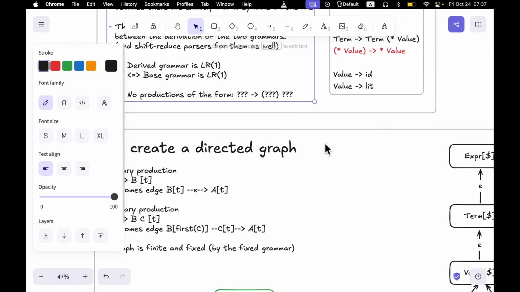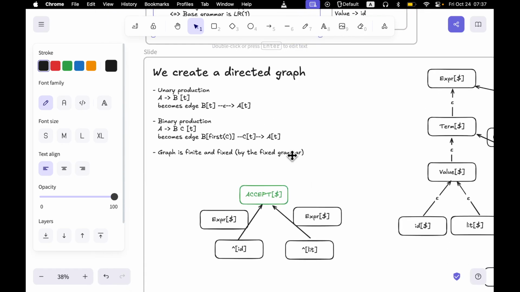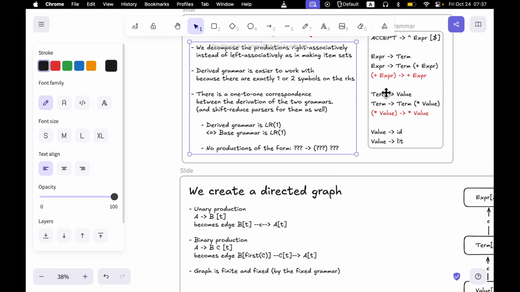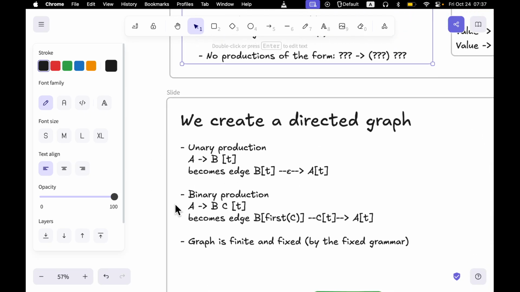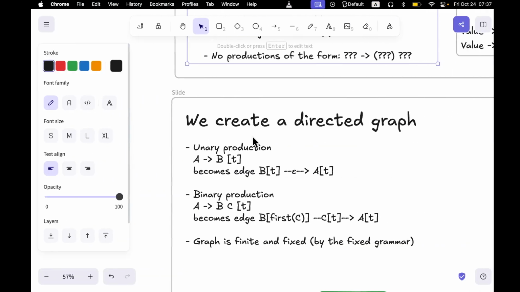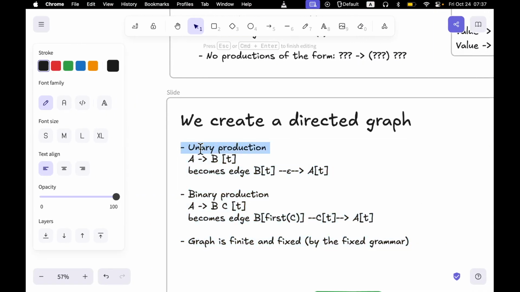this derived grammar, we create a directed graph. And because there are only 1 or 2 symbols that can appear on the right-hand side, we can use a case-by-case approach. So for production rules that have only 1 symbol on the right-hand side, we could call it a unary production, and for the production rules that have 2 symbols on the right-hand side, we could call it a binary production.